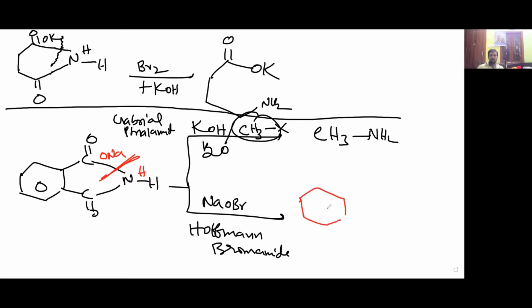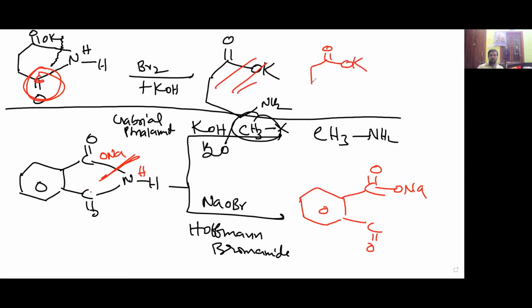This is the ring, and here you are going to get COONa and C double bond O. I'm sorry, this is a wrong product. The C double bond O is missed. I will write it.